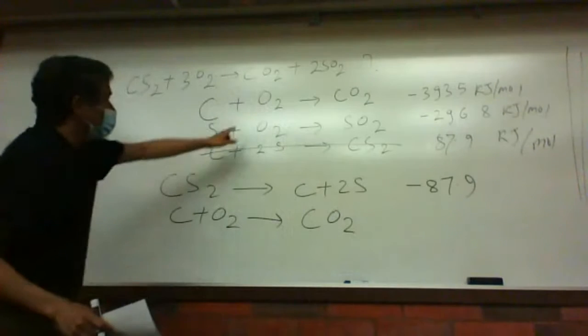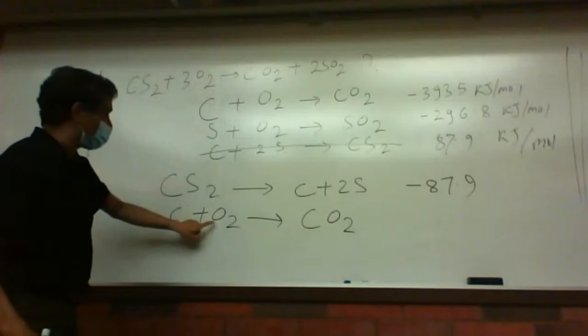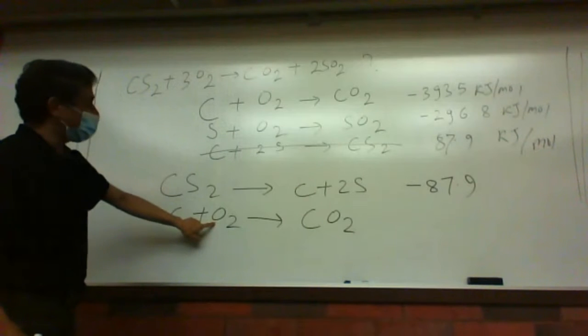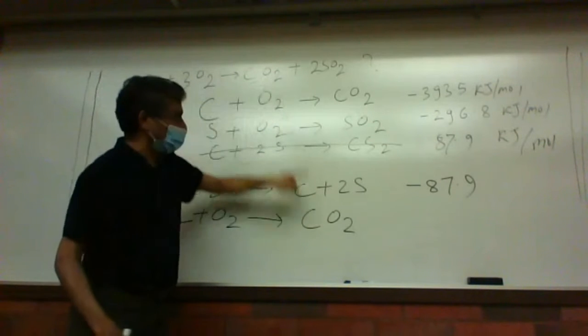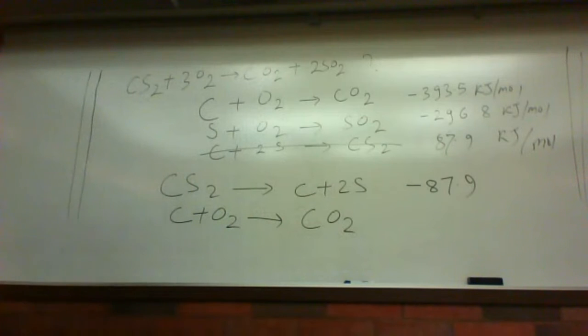I need carbon dioxide in the right side, so I put that carbon dioxide in the right side. I'm just trying to rearrange those equations to meet the target here.